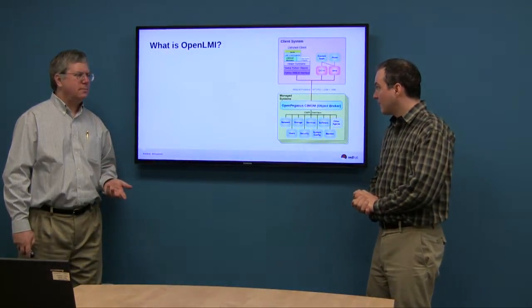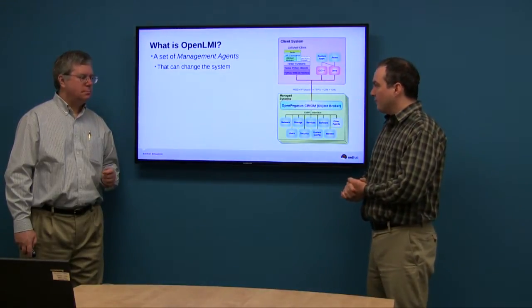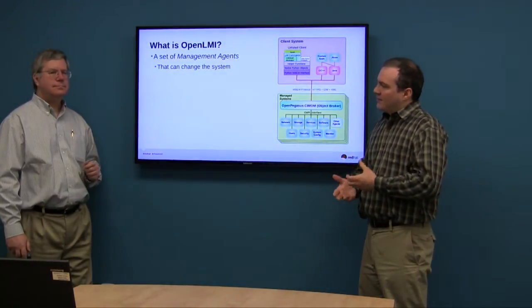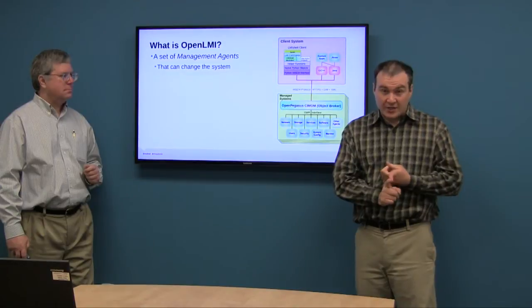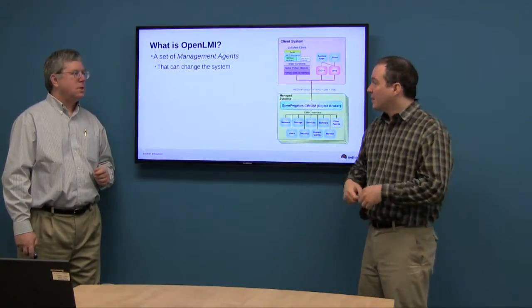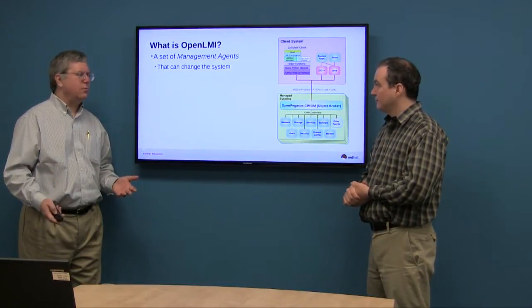And what does that look like? Similar to the design you created before, we have a set of management agents on the system that perform low-level functionality. They can do things like making changes, monitoring the system, querying to see how it looks right now. So they can do things like format a drive or set up a network interface?